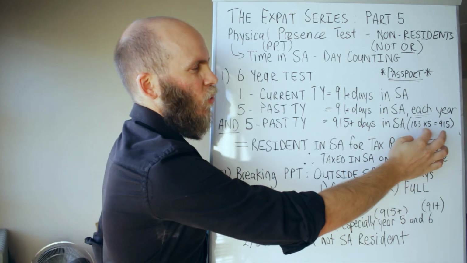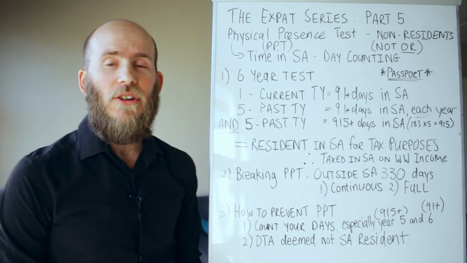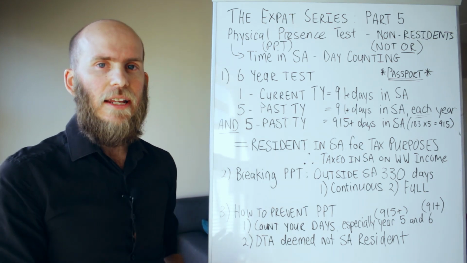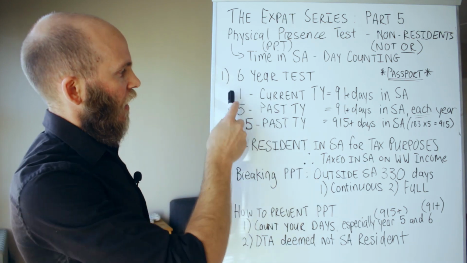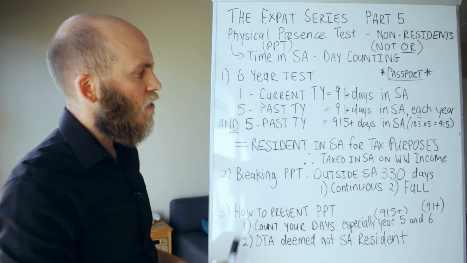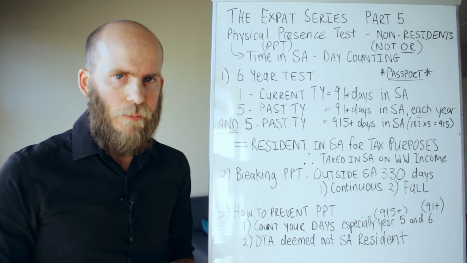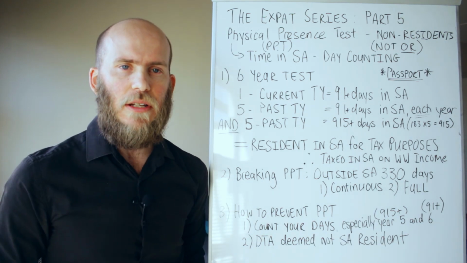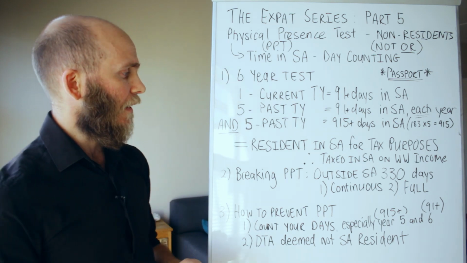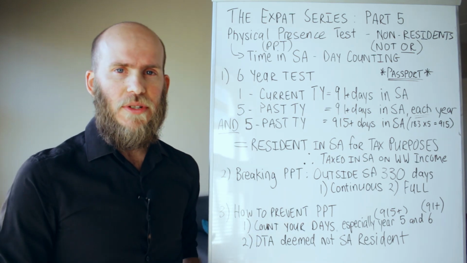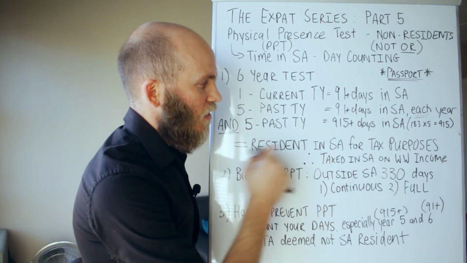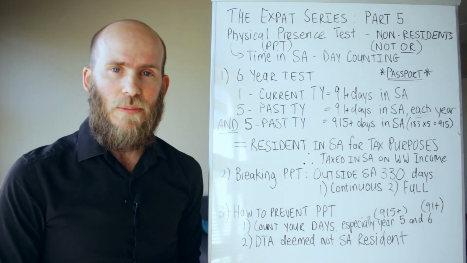That works out to a rough average of more than 183 days in each of those 5 years. And if all of these apply to you as a non-resident, as somebody not from South Africa spending time here and working here, then in terms of the South African Income Tax Act, you are considered resident in South Africa for tax purposes.